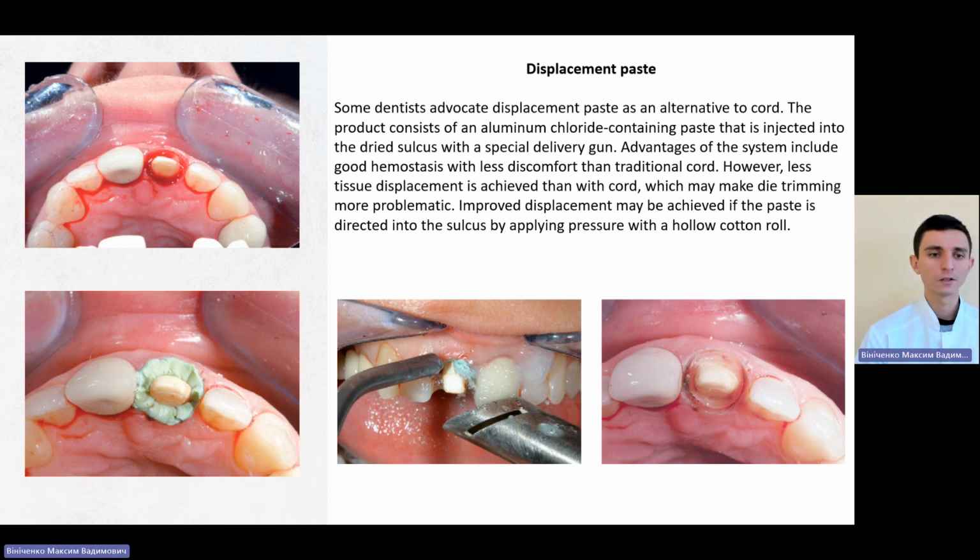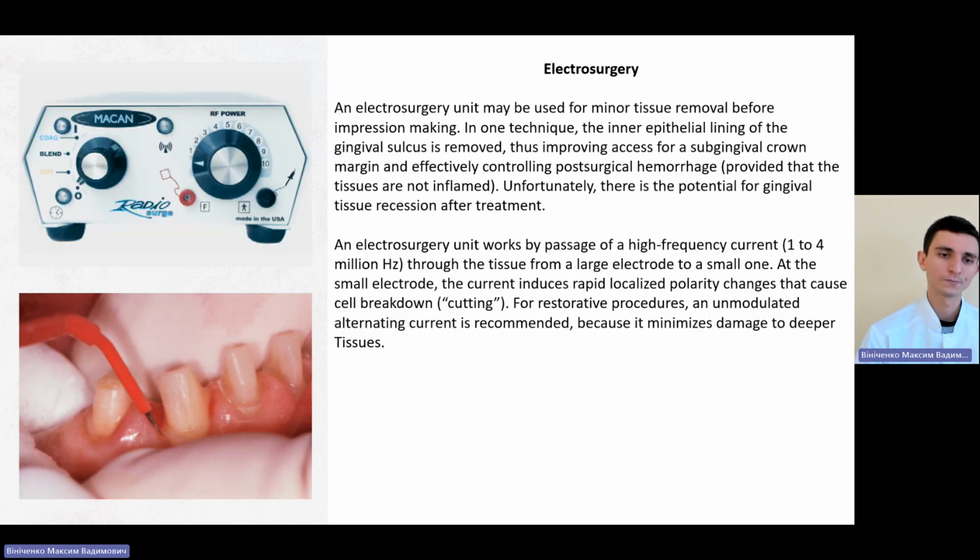Advantages of the system include good hemostasis with less discomfort than traditional cord. However, less tissue displacement is achieved than with cord, which may make the trimming more problematic. Improved displacement may be achieved if the paste is directed into the sulcus by applying pressure with a hollow cotton roll.